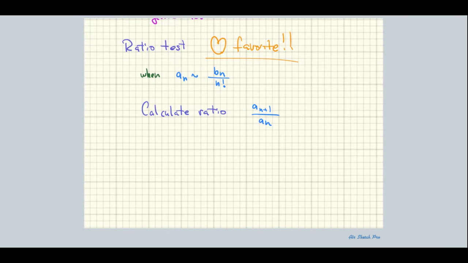Okay, so here's my example. Sum 16 to the n over n factorial. There we are. Now, let's look at this thing.